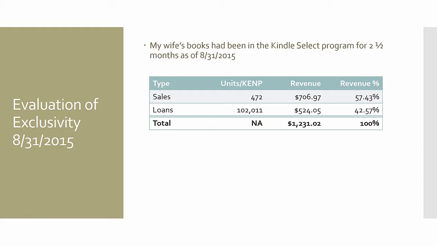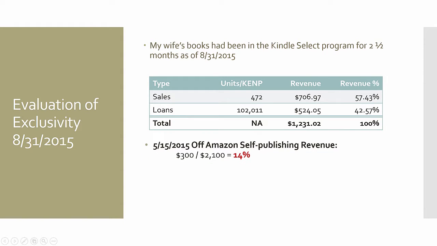But her loans were 102,011 KENPs, or basically Kindle Pages Read. And that's worth about $5.20 per 1,000 pages read. So that comes out to $524.05. In other words, the Kindle Select program generated 42.57% of our revenue this particular month.